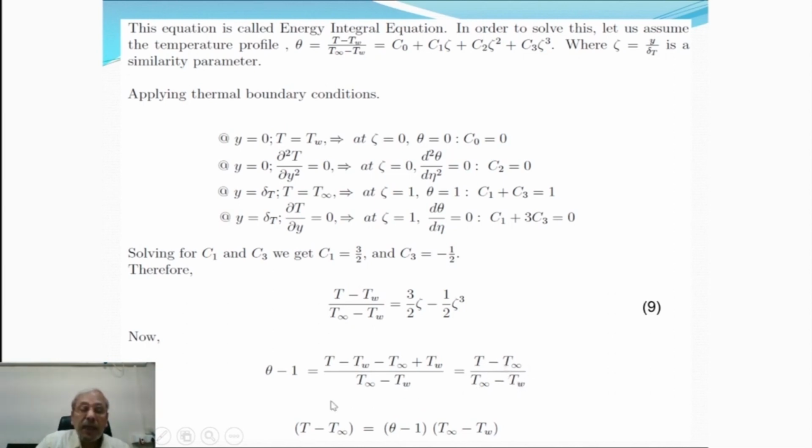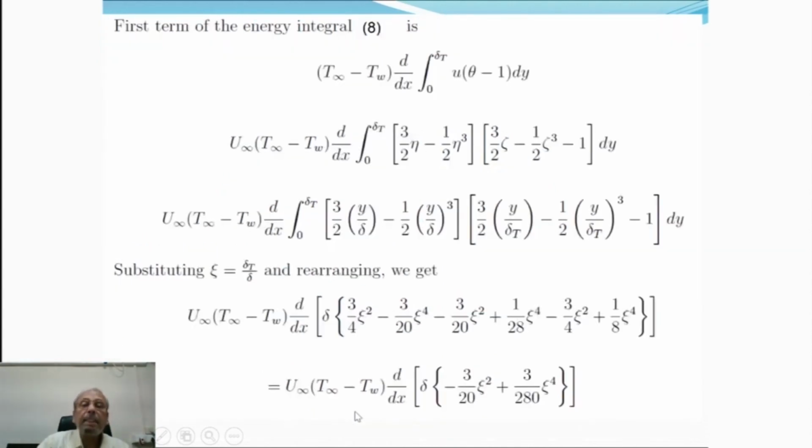From where we get T minus T infinity equal to (theta minus 1) into (T infinity minus TW). We find this expression for T minus T infinity for ease of our operations.